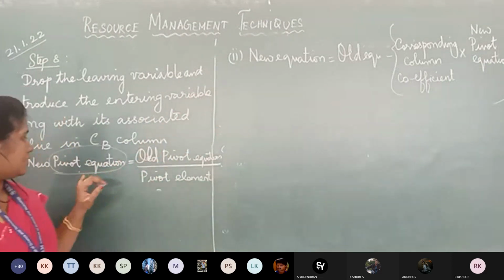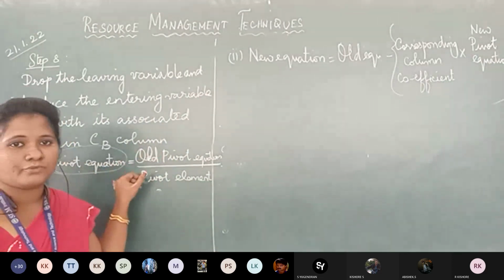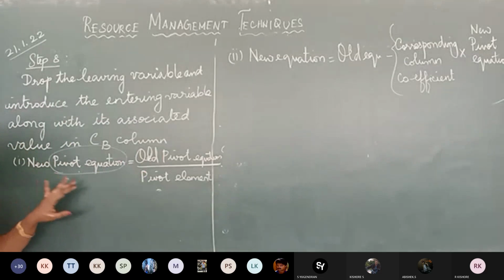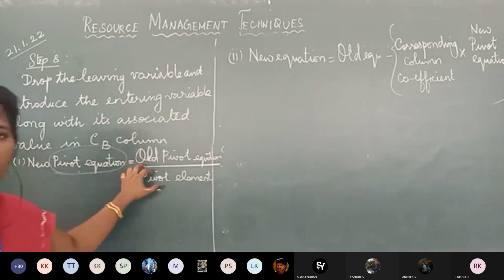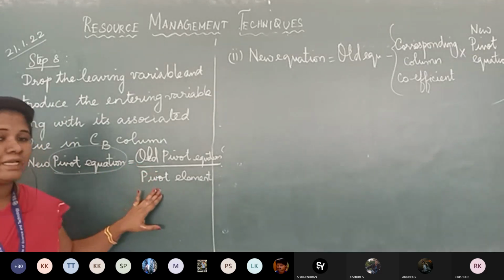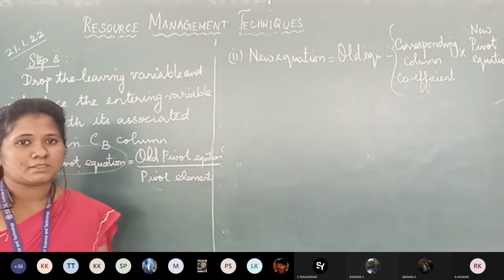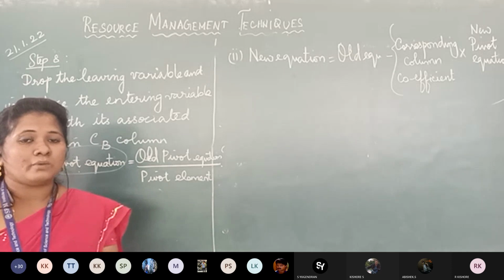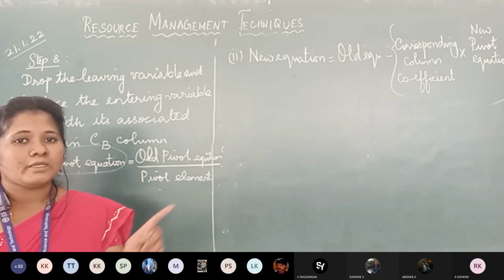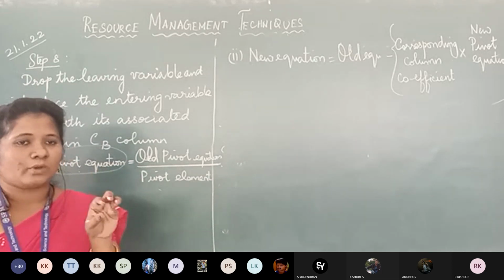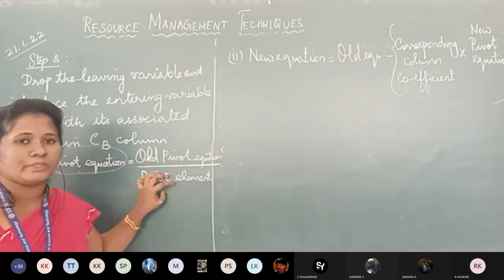Yeah, so your first equation in your step 8, what you'll have to find out is your new pivot equation, which will be old pivot equation divided by your pivot element. I told you what your pivot element is. Pivot element is the intersecting value where your pivot column and your pivot row intersect in one point. That point you will take as your pivot element.